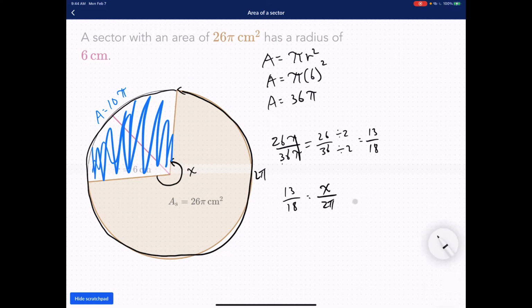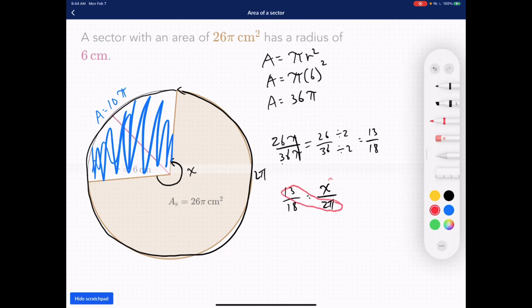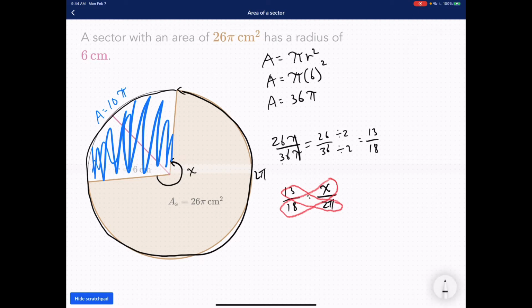In order for us to do this, we just do the cross multiplication. We're gonna go 13 times 2 pi is equal to 18x, and we got 26 pi is equal to 18x.